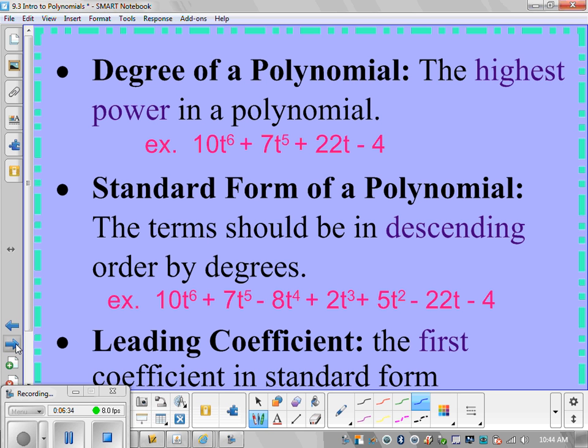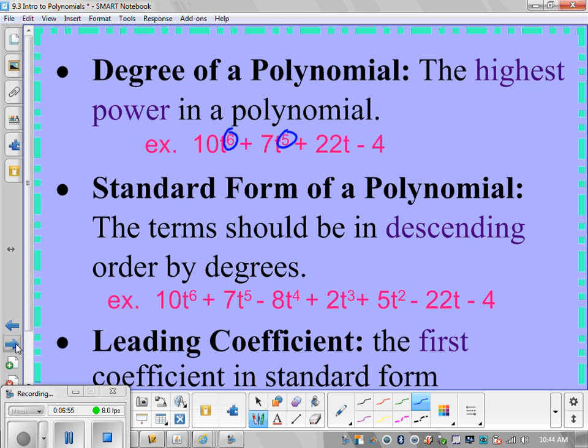If I ask you the degree of a polynomial, all I'm asking you is what is the highest power in that polynomial. So when you look at my first example, 10t to the 6th plus 7t to the 5th plus 22t minus 4. There are 3 exponents on the variables.